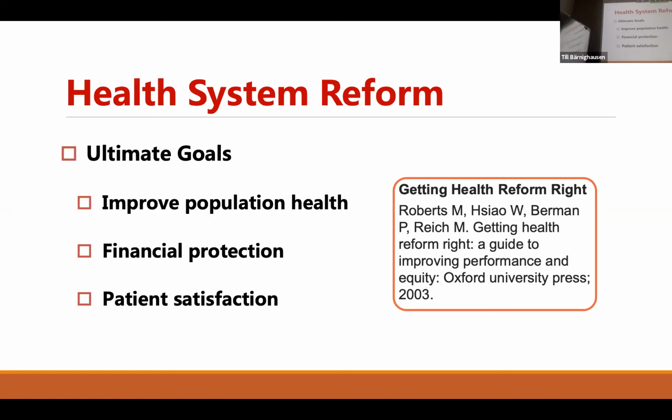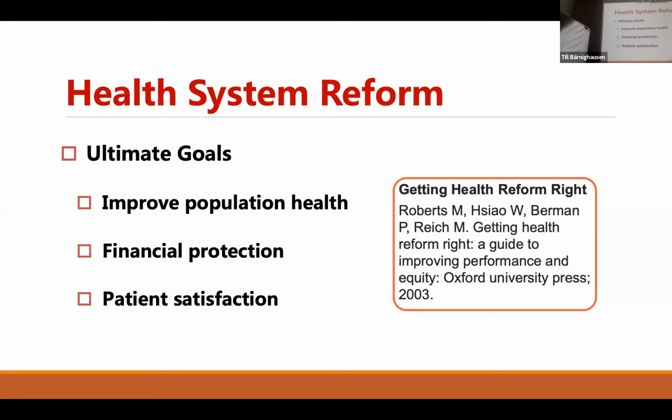This book can give you a basic understanding of what we are evaluating in a health system reform, and what goals we want to reach. In this book, they set 3 ultimate goals. One is to improve population health. As always, when policymakers initiate a health system reform, the ultimate goal is to improve population health.